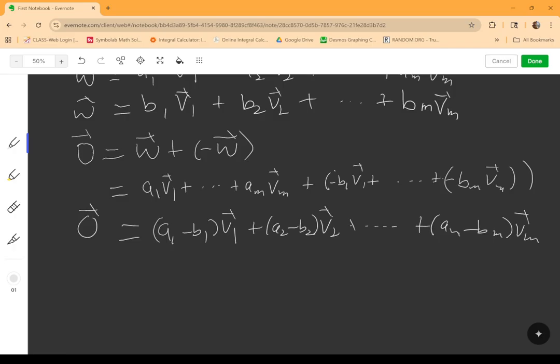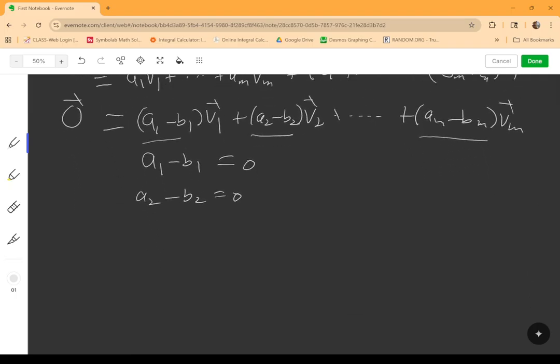So what that tells me again is that the only solution here is the trivial solution, so all these quantities must equal 0. What that means is that in order for that to be true, a1 must equal b1, a2 must equal b2, etc., am equals bm.